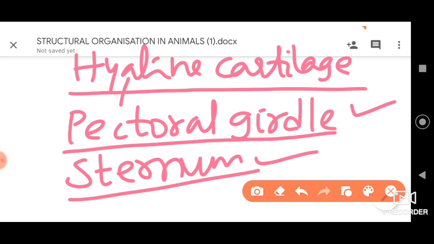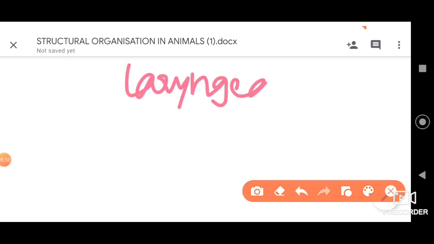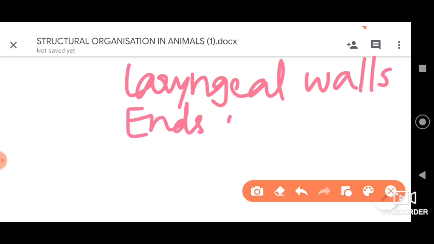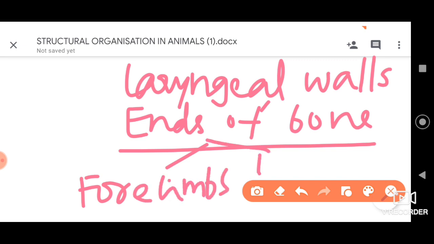We can also find it in the larynx, in the laryngeal walls, and even in the ends of bones of both the forelimbs as well as the hind limbs, dear students.